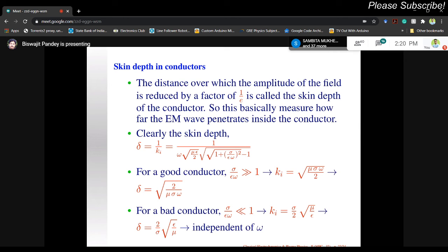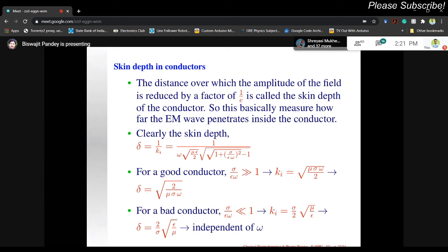See why the skin depth is important here: sea water has a very high conductivity, because it is sodium chloride, right? Sodium and chloride are ionized, so sea water is highly conducting, with a conductivity of around 5 ohm inverse, 5 mho. It's called mho.